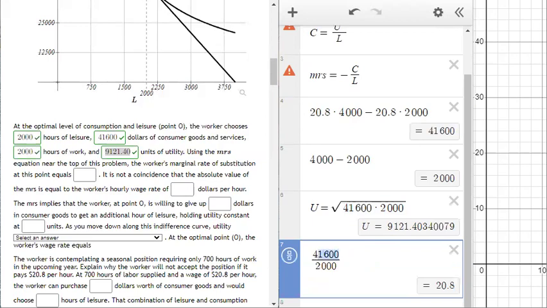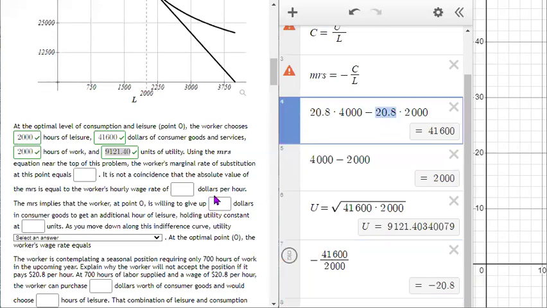So I have 41,600 as the consumption level, and the leisure level is 2,000. And then my marginal rate of substitution is negative the wage rate. That is not a coincidence.